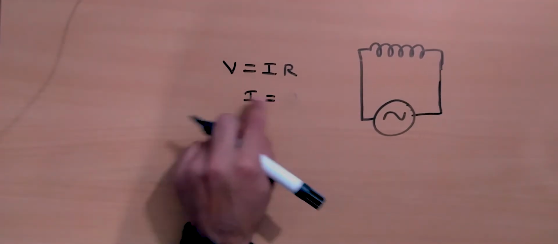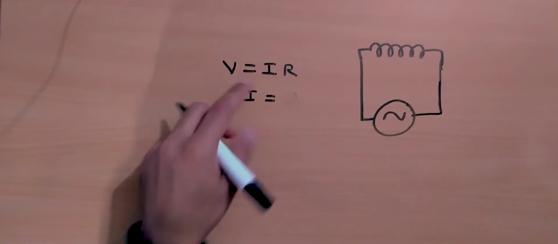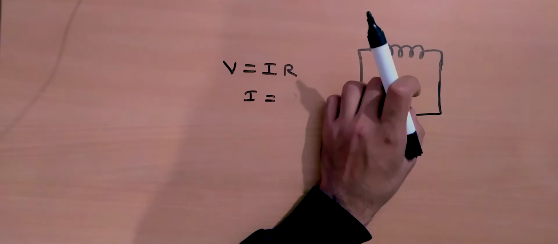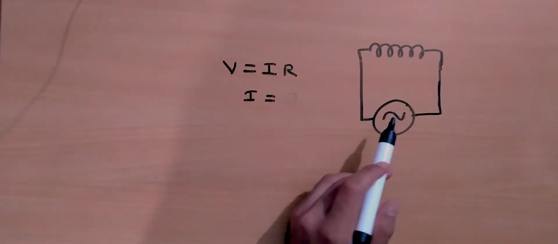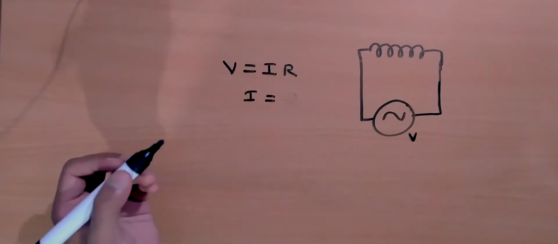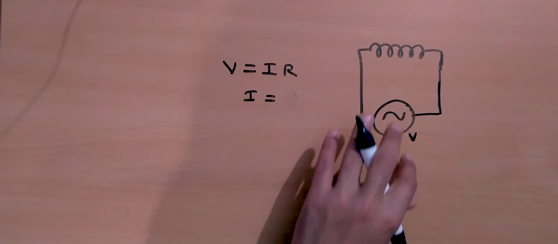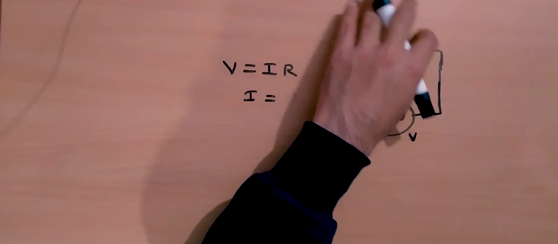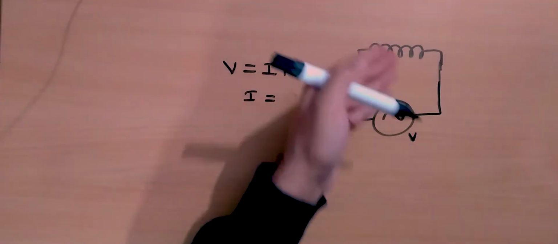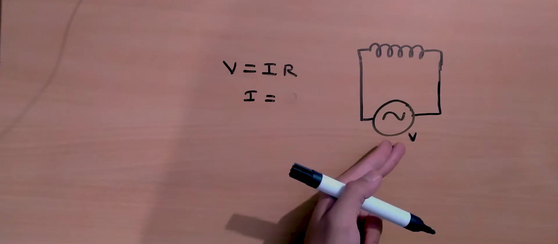Now what is the voltage? So firstly let me figure out what the net voltage is here. We know that the source voltage is something, let's call that V, and we've seen in the previous video by Kirchhoff's law that the back EMF due to this coil is actually equal to the source voltage.